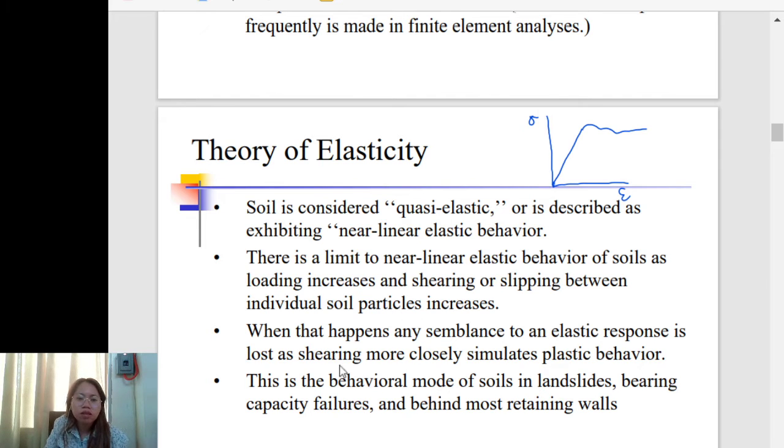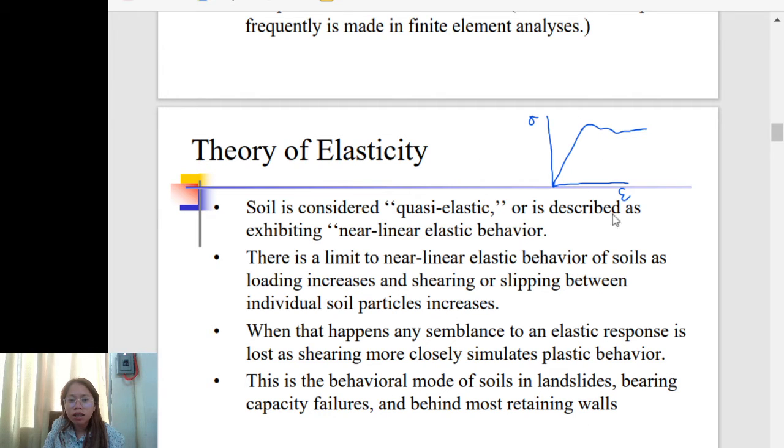So it approaches plastic behavior, there is a loss of elastic response, meaning it no longer behaves the same as the proportional limit or Hooke's law. So this is the behavioral mode of soils in landslides, bearing capacity failures, and behind most retaining walls.